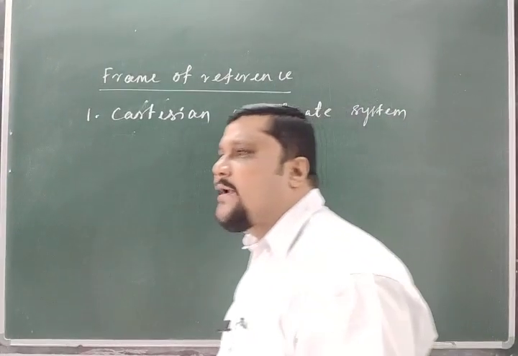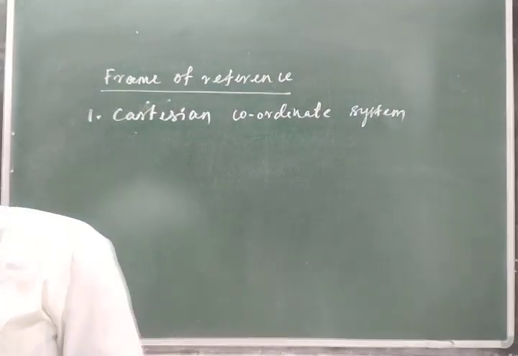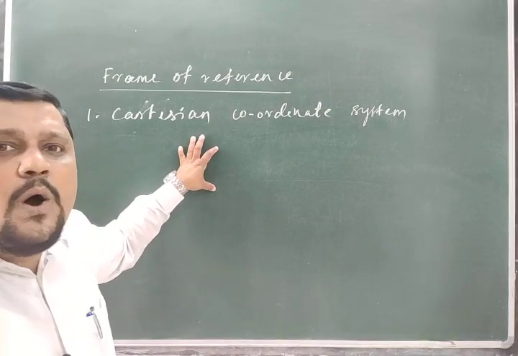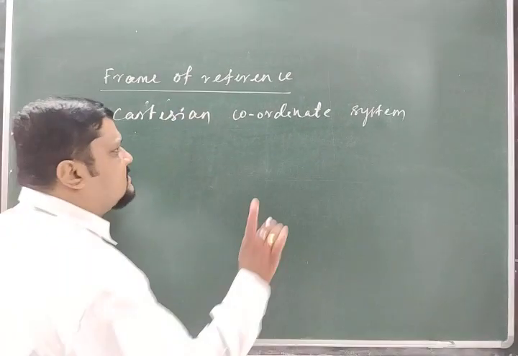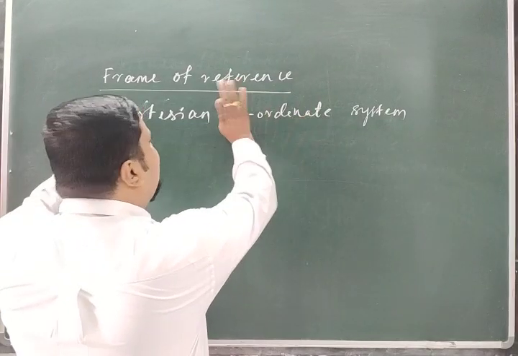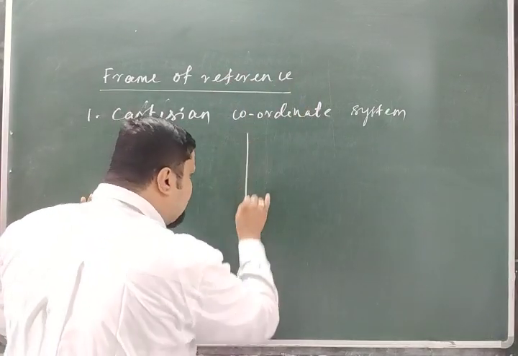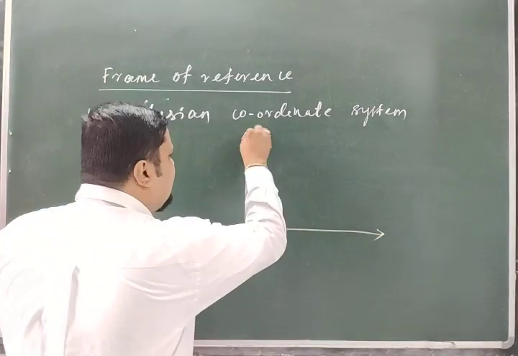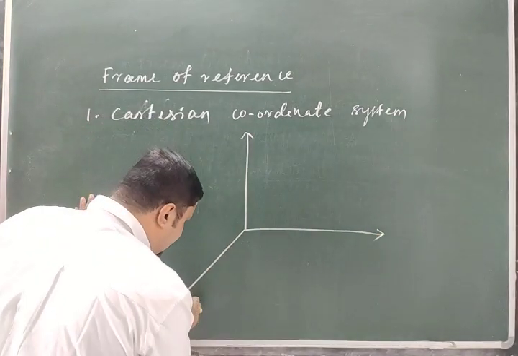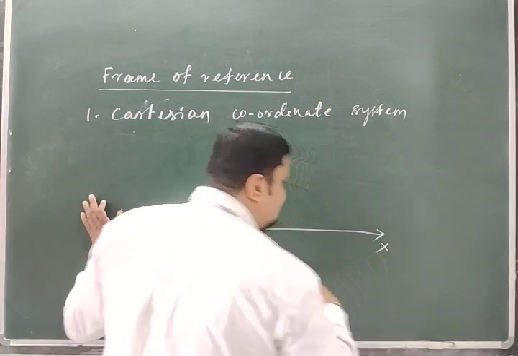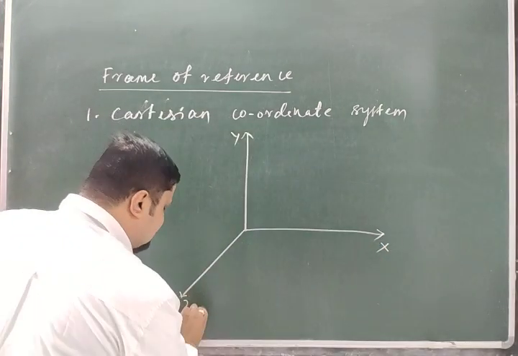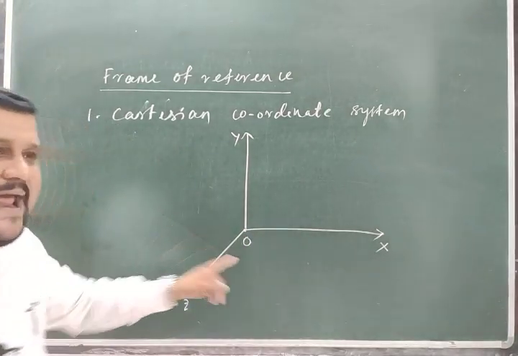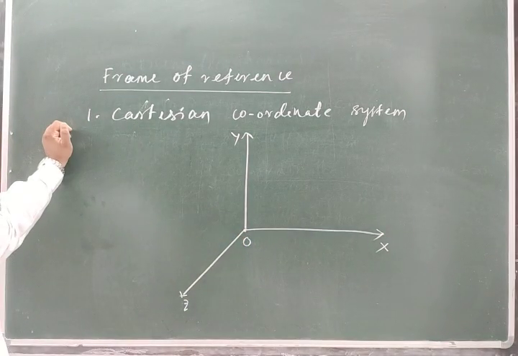What is this Cartesian coordinate system? In this Cartesian coordinate system, how do we locate the position of an object? So this is a frame of reference. Let us consider these are the different axes in space, x, y, z, and you are the observer fixed at the origin.